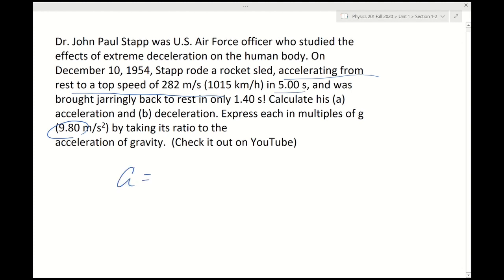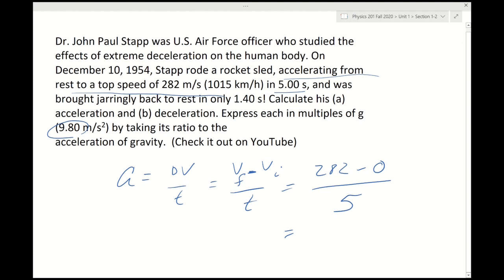So the acceleration is delta v over t, vf minus vi over t. For some reason I either messed up on writing my minus or didn't even try to. Alright, so we have a final speed of 282, an initial of 0, and a time of 5 seconds.